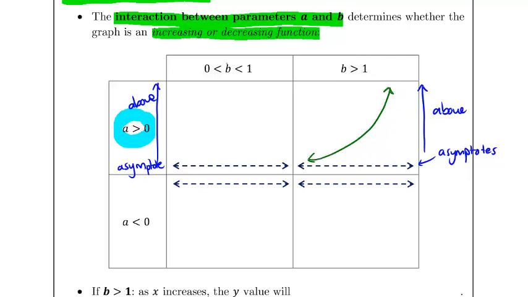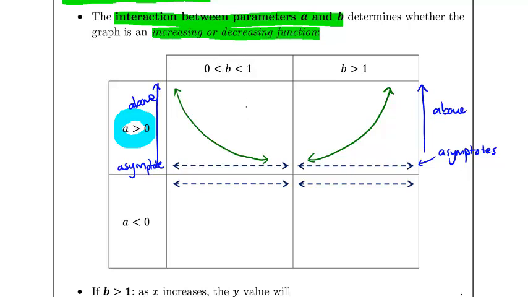Whereas when the b value was between 0 and 1, so a fraction less than 1 but still obviously positive because it has to be, we ended up with a function that looked like this, going down and flattening out. So that means we ended up with a decreasing function, and that happened because of what happens when you take a b value that's less than 1 but still positive and multiply it by itself many times.